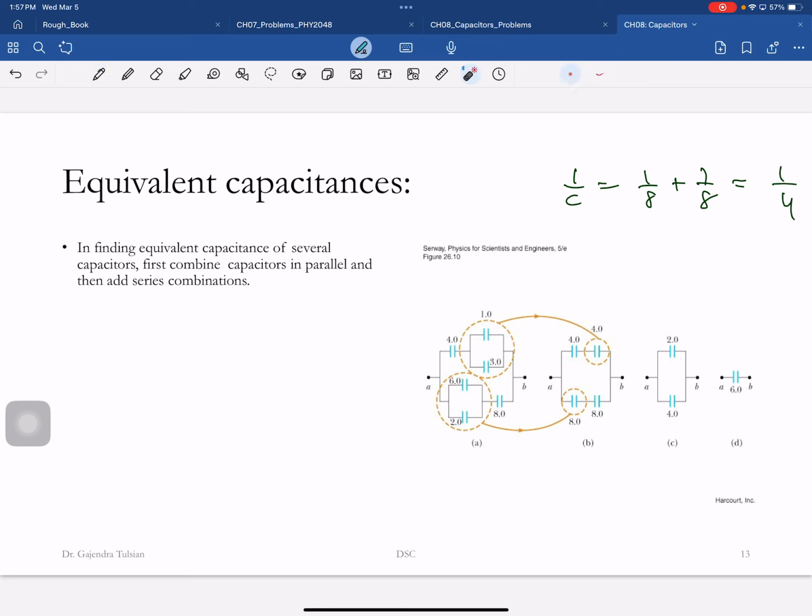So these two connected in series is 4 units. These two connected in series is 2 units. And now these two are in parallel, and that's 6 units. That's how you do it, one step at a time. You have a mess of capacitors, and you can reduce it to a single capacitance.